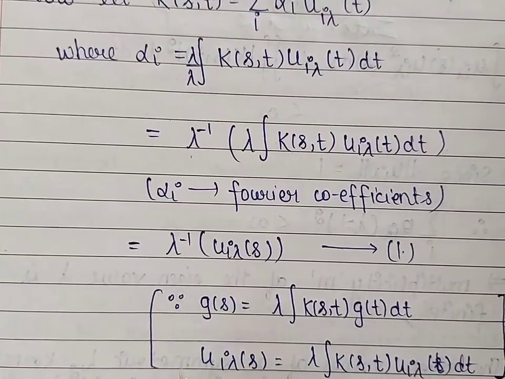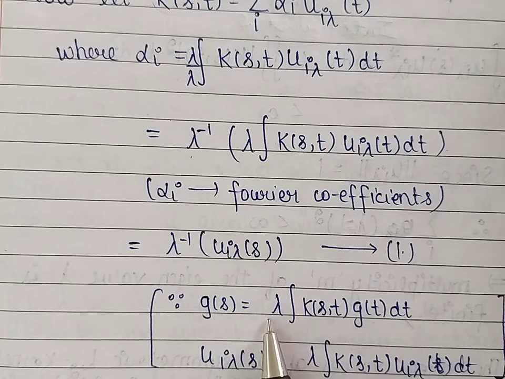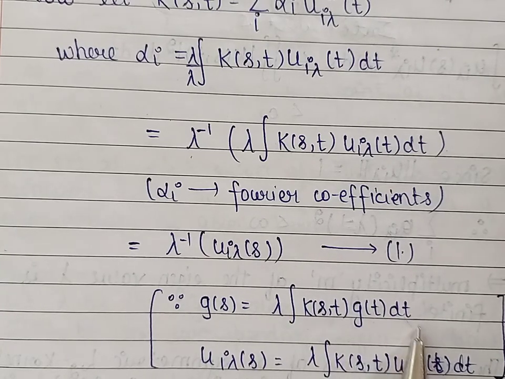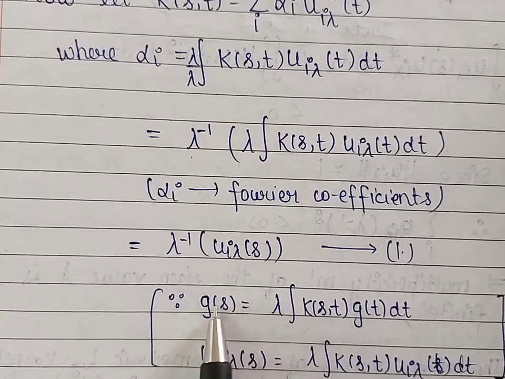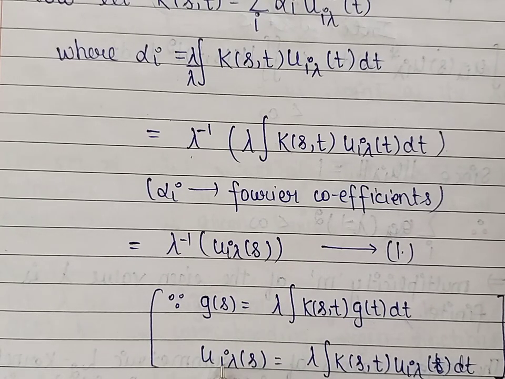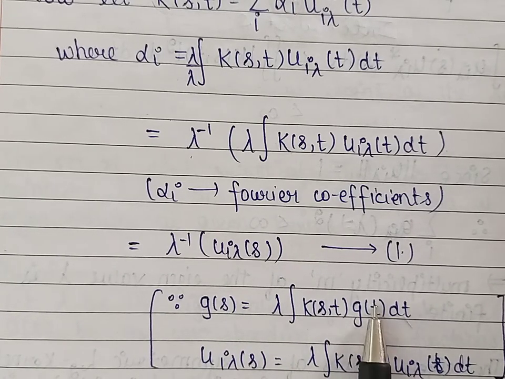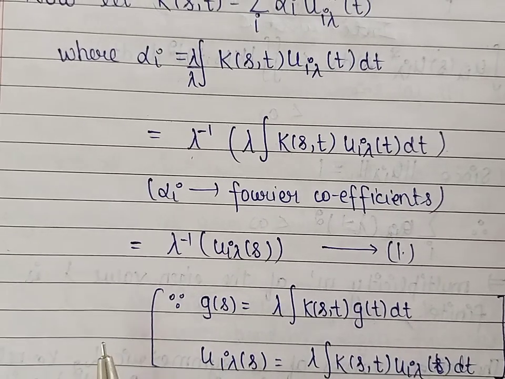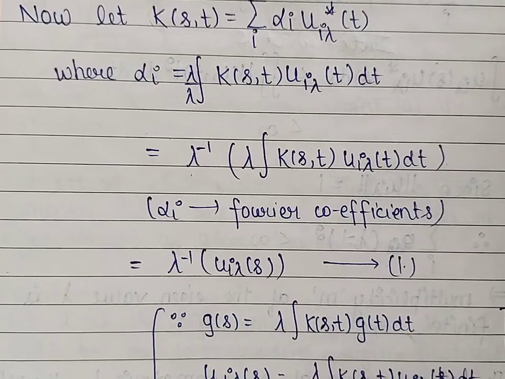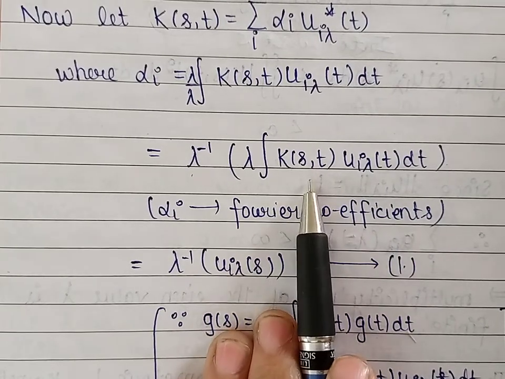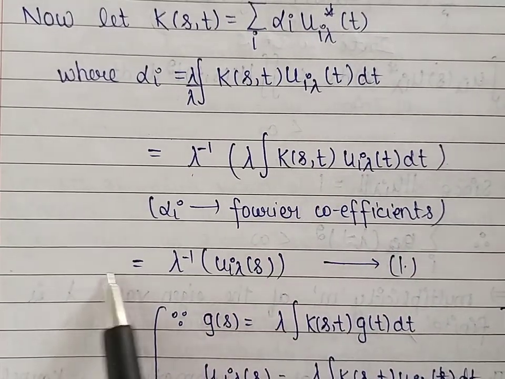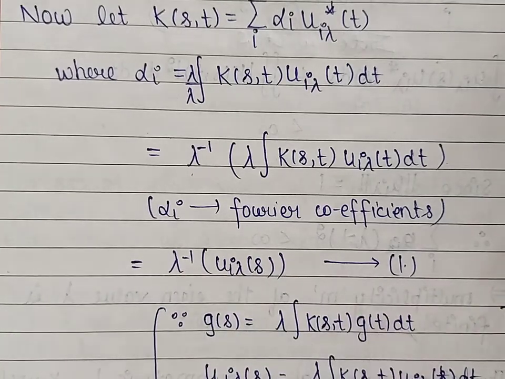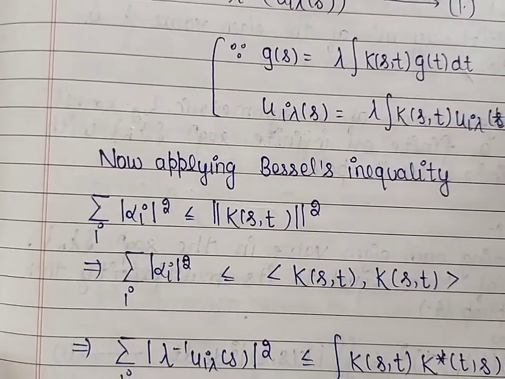The symmetric integral equation is g(s) equals lambda integral k(s,t) g(t) dt. So here, replacing g(s) by ui lambda(s), and inside the integral g(t) by ui lambda(t), we get the values of alpha i, which are given by lambda inverse into ui lambda(s). Now let us use Bessel's inequality.